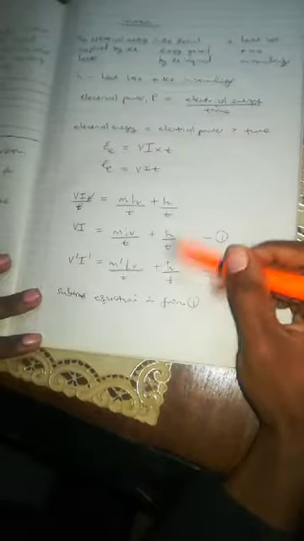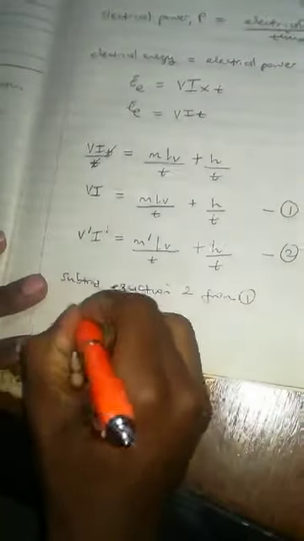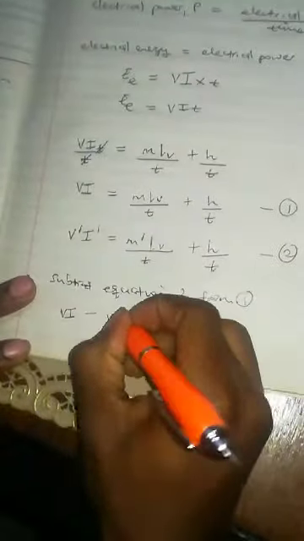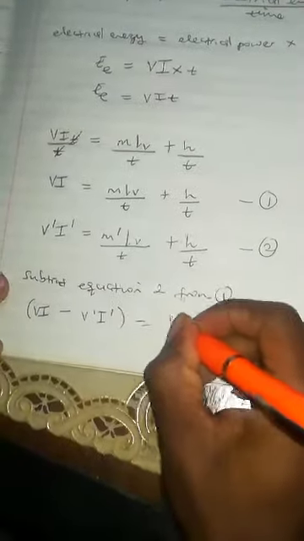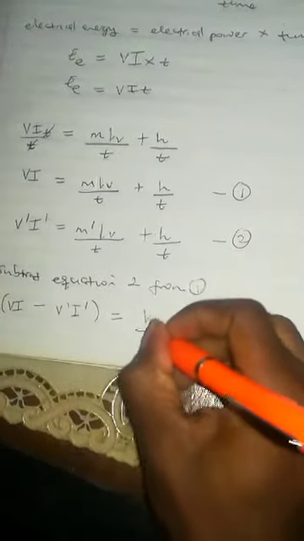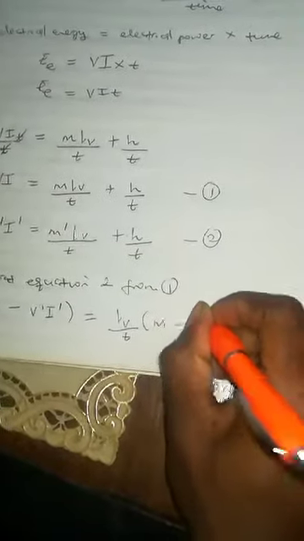What that leaves us with is that the rates of heat loss to the surroundings cancel each other out. So what you have is VI minus V dash I dash is equal to L_V over T times M minus M dash.